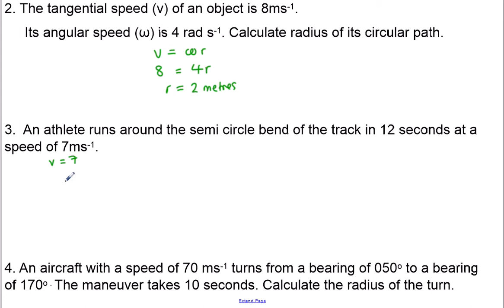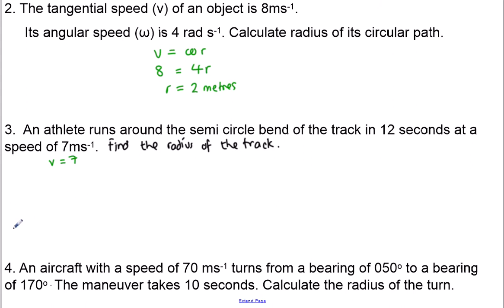What we're going to do on this question is find the radius of the track. But we don't have omega. We don't know the angular speed yet. So that's the first thing we're going to have to work out.